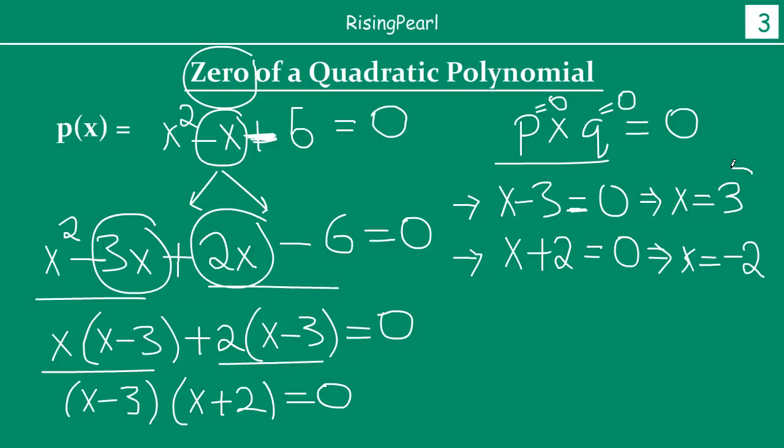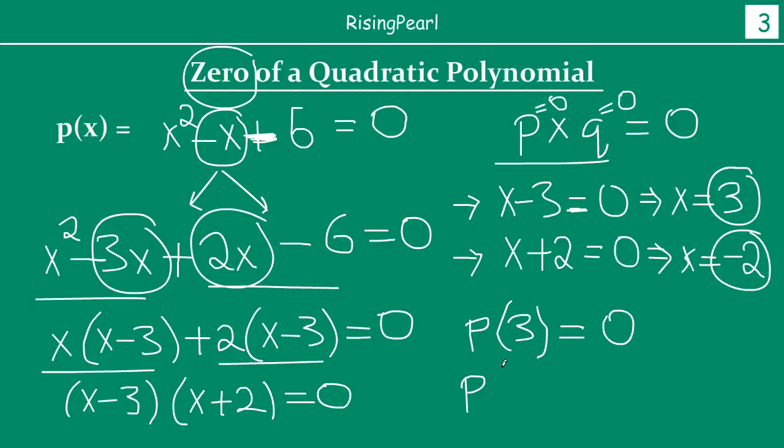So in other words, friends, this is a 0 of the quadratic polynomial and this is a 0 of the quadratic polynomial. If you were to find the value of the polynomial at x equals 3, just put the value 3 instead of x, and you will see this is 0. So that means 3 is a 0 of this polynomial.